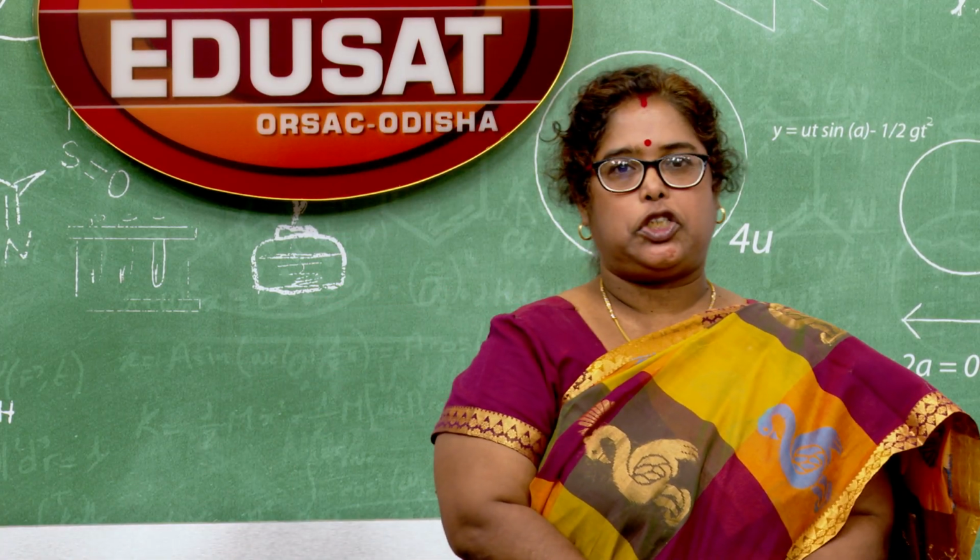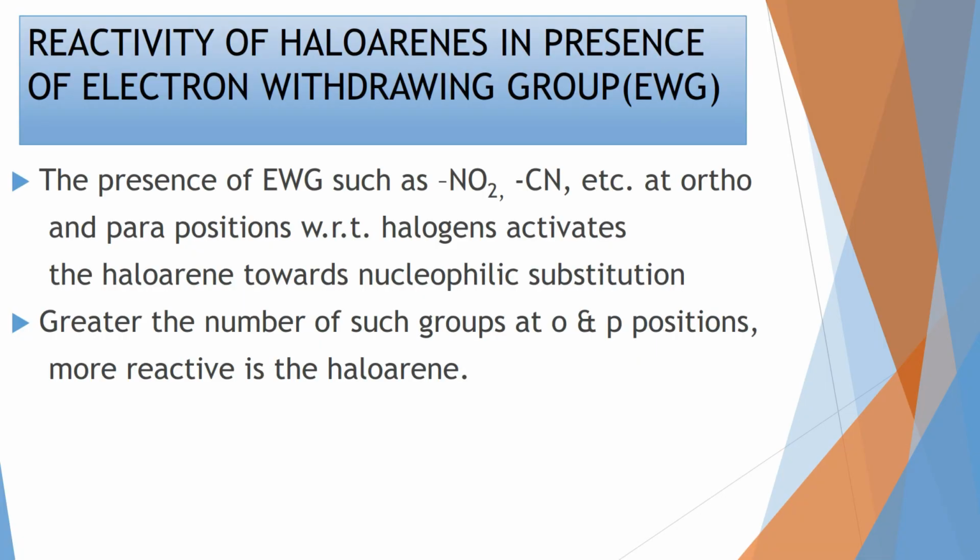Now we are going to discuss the reactivity of haloarenes in presence of electron withdrawing species, in short very commonly known as EWG. So please first analyze this word, electron withdrawing group.